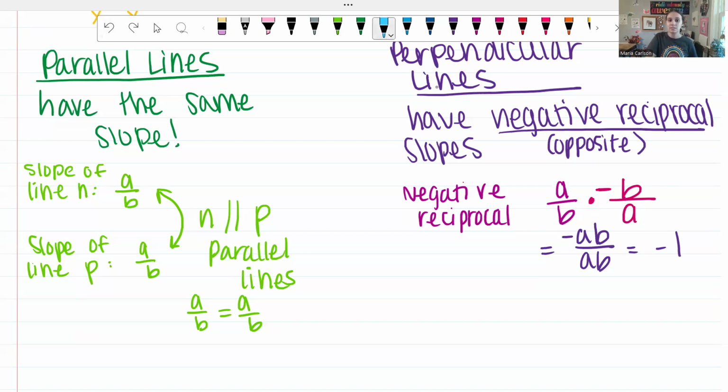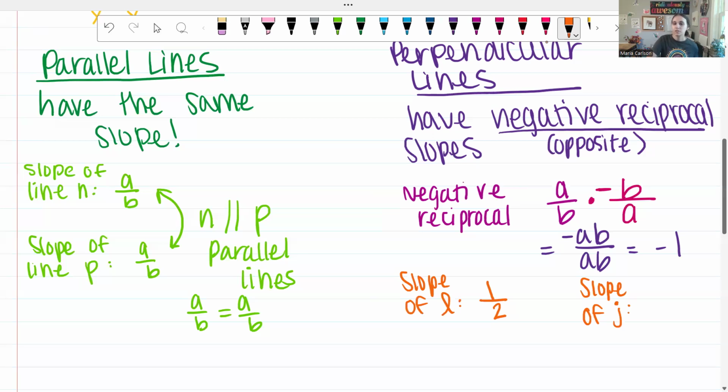I like to think of it as if you have perhaps your slope of line L is 1/2, and we have this perpendicular line, we'll do J here. You would take your 1/2 and you would flip your numerator and denominator, and you would make it negative. So it'd be negative 2 over 1, and this would be perpendicular. So L would be perpendicular to J.